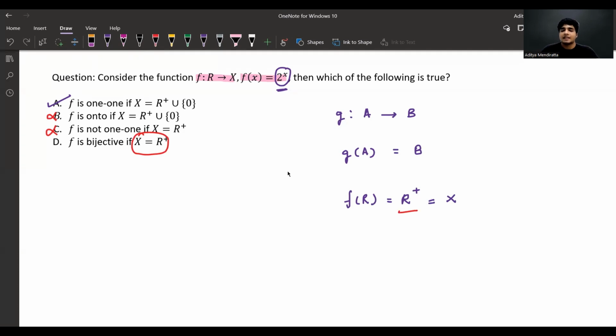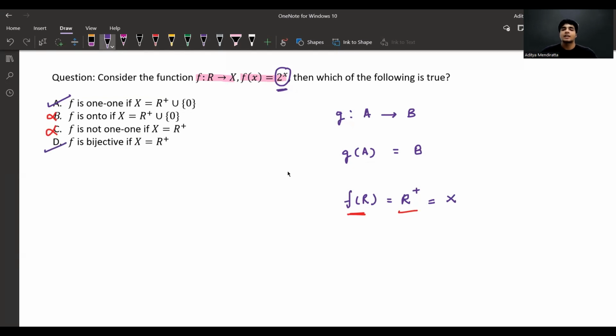If X is also equal to R positive, that is our codomain is also equal to R positive, which is also the range of our f, right? So that means our function is onto as well. So if a function is 1-1 and onto both, in that case, the function is said to be bijective in nature, right?